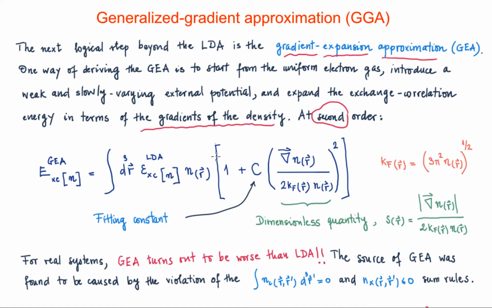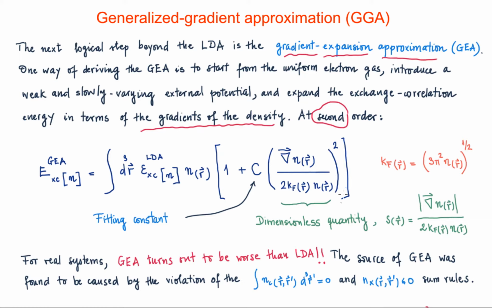And besides that, you're multiplying with this factor here, which is 1, so multiplying with 1 you are recovering the LDA, and you're including another factor here, which is coming from the gradient expansion of the LDA. The gradient expansion of the LDA will have this form here. Here I'm using this factor because this is basically a dimensionless quantity.